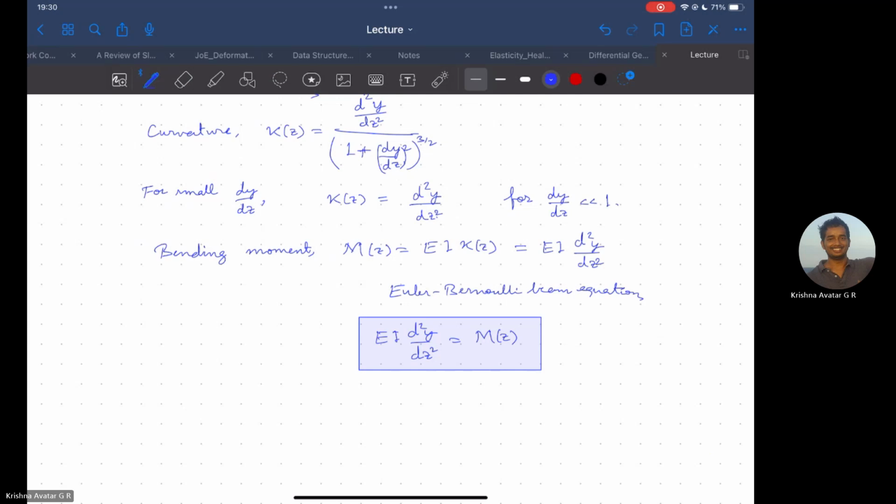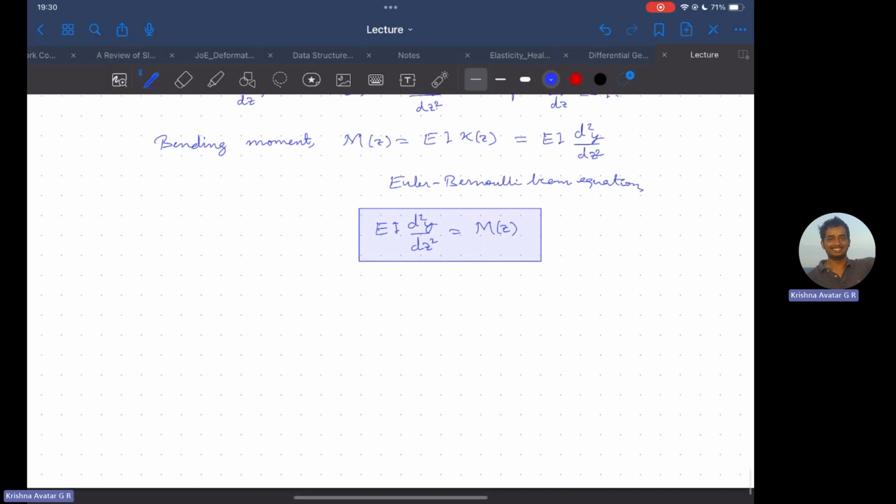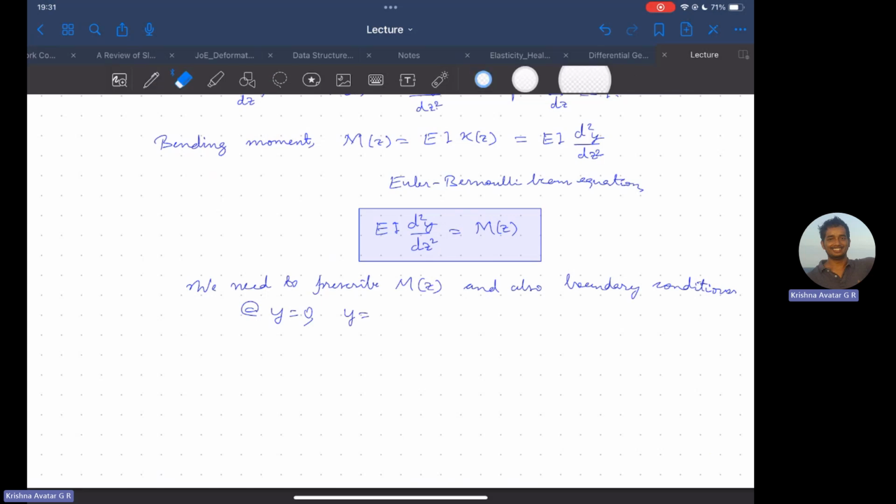Of course, we need to prescribe M as a function of z, and also boundary conditions, since this is an ODE problem, at z equal to 0 and z equal to L naught.